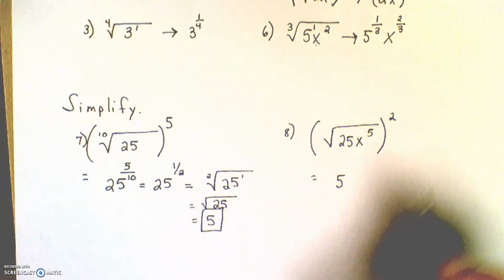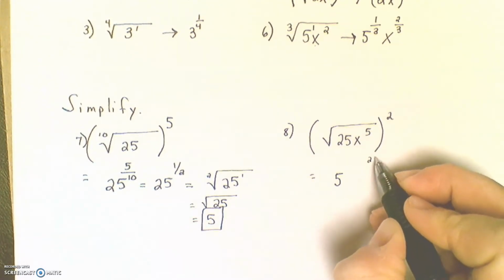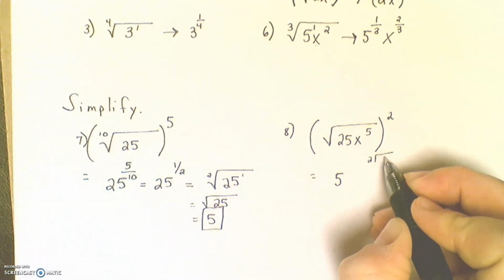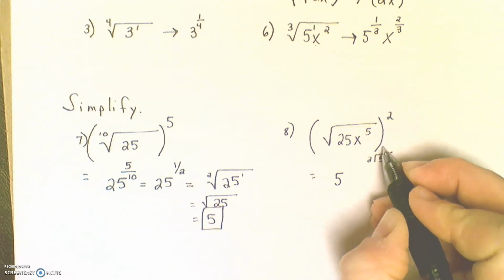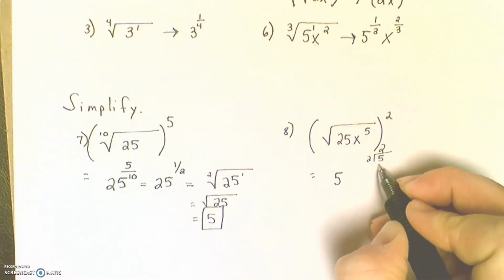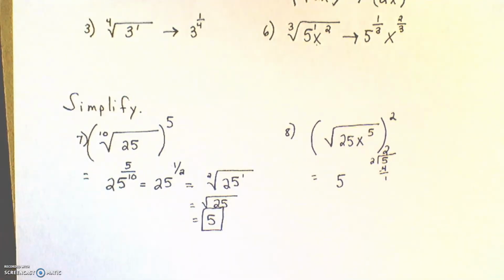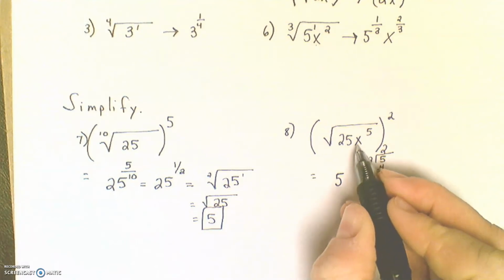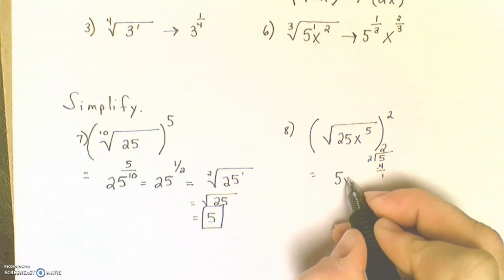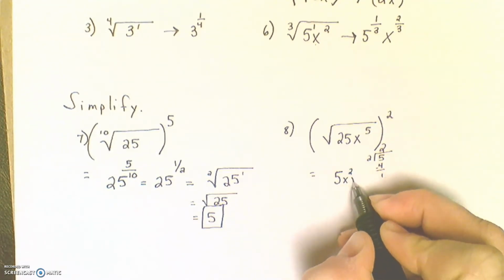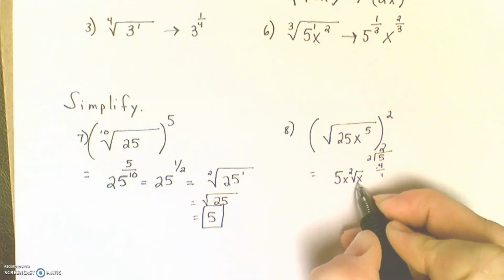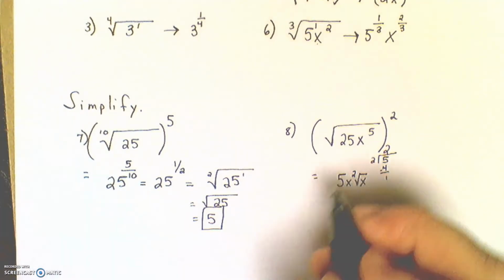X to the 5th, if your index is 2, how many groups can we form out of that? 2 goes into 5 2 times. 2 times 2 is 4, so we have one group left over. So on the outside I'm going to bring out x squared. Left over, I have square root of x.